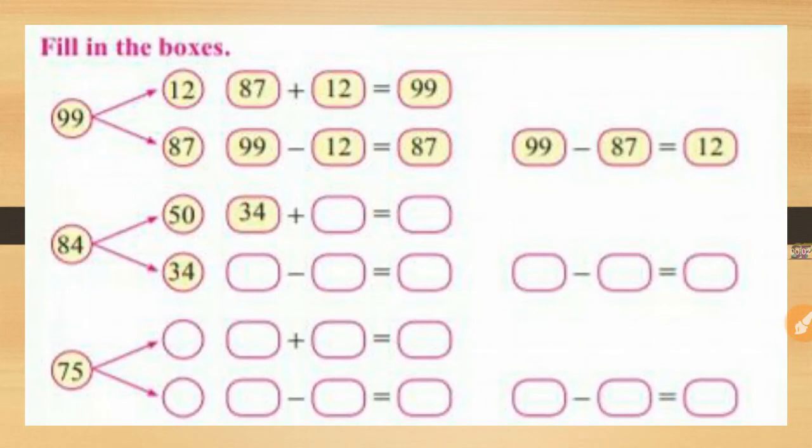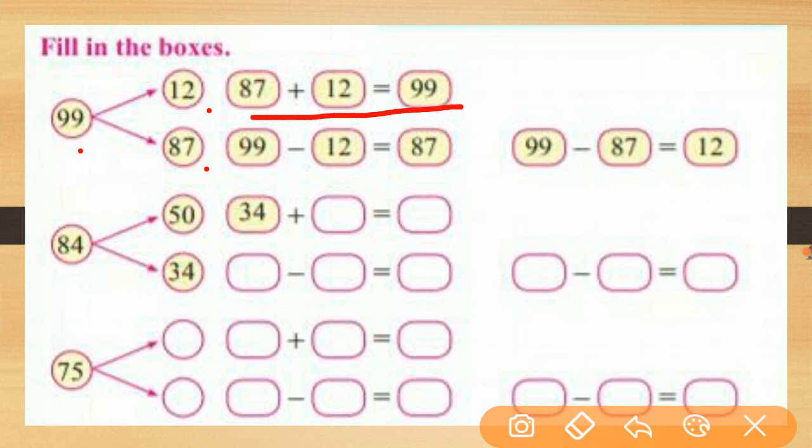Now we are going to solve some examples. See here. Here 99 is the sum of 12 and 87. First, the addition problem you can see here: 87 plus 12 is equal to 99. And from this addition we make subtraction problems, you can see the two examples here.